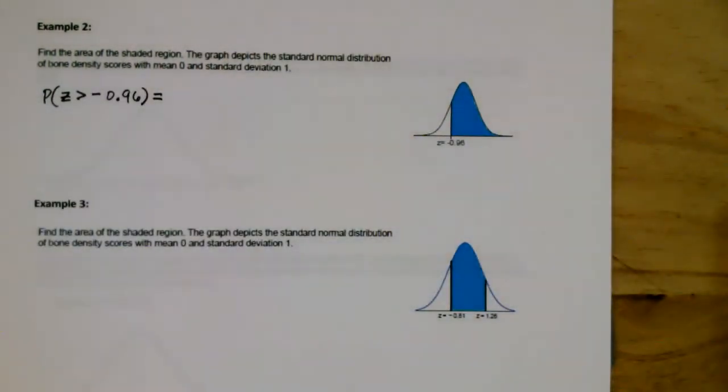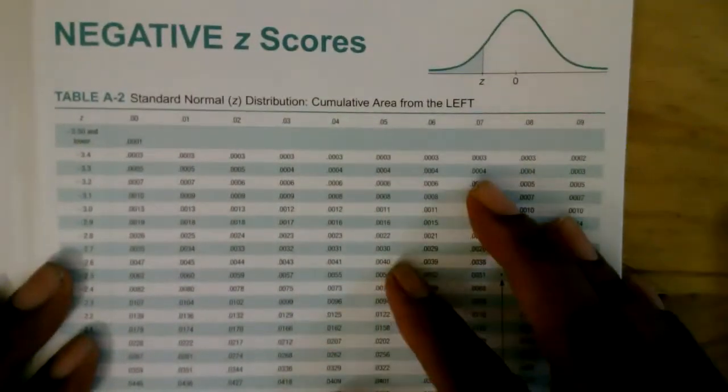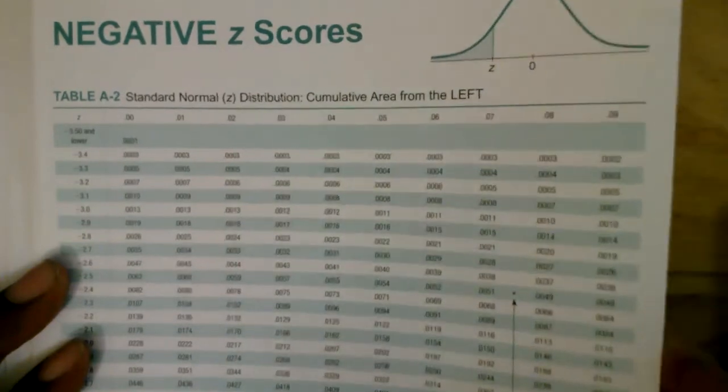So we need the page that says negative Z-scores. And here we go. So here we need to find negative 0.9.